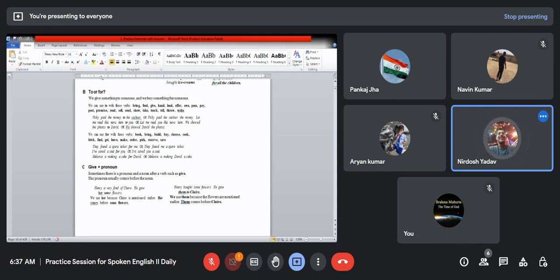We can use to with these verbs: bring, feed, give, hand, lend, offer, owe, pass, pay, post, promise, read, sell, send, show, take, teach, tell, throw, write.